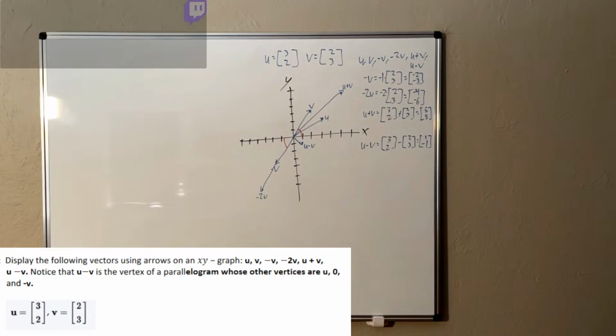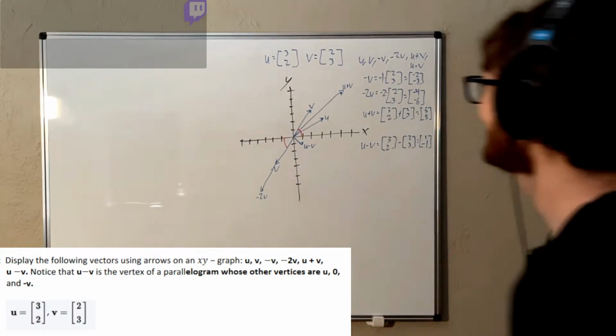And for the parallelogram bits, they don't ask you to actually do anything with it. They ask you to notice something. Wait, u minus v, did I do that right? That's weird.